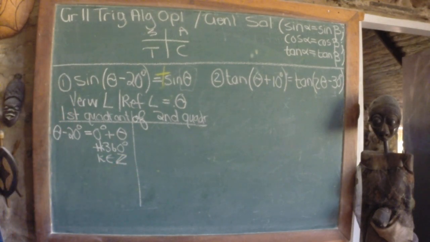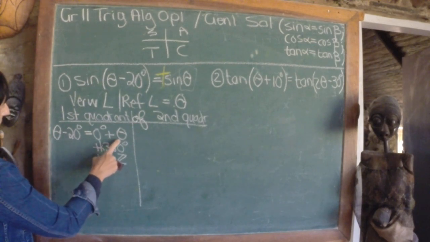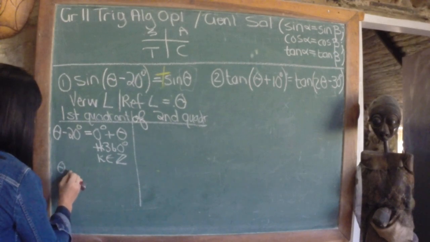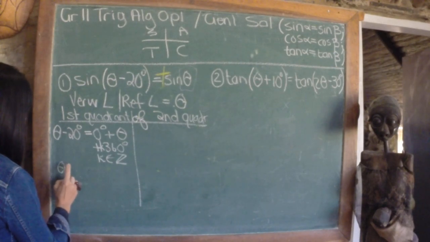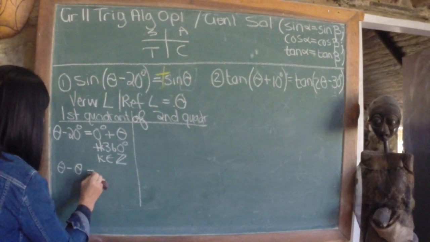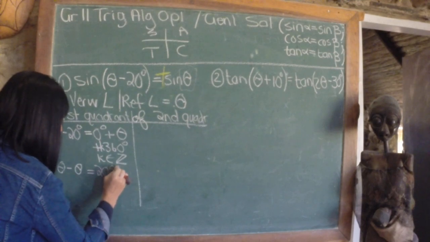So now I'm going to solve this. I've got theta, so if I bring theta to this side, it's going to become a negative, and the 20 is going to become positive.